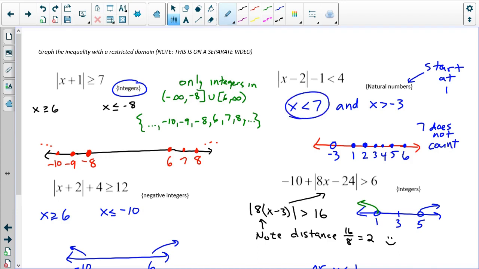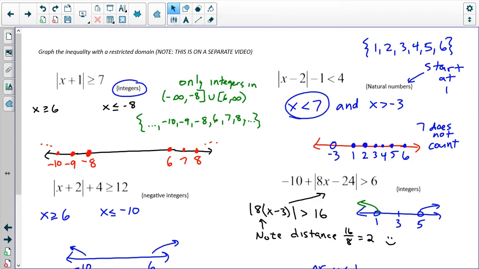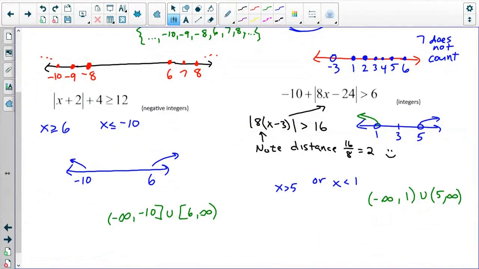So that means my only answers are 1, 2, 3, 4, 5, and 6. Or if you wanted to write it in interval notation, you could say bracket 1 to 6, only integers, something like that.